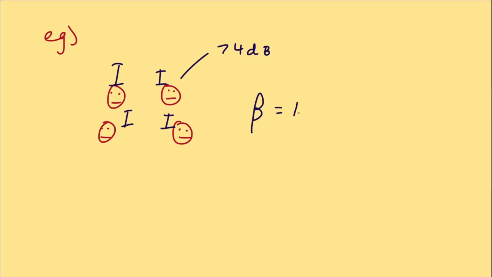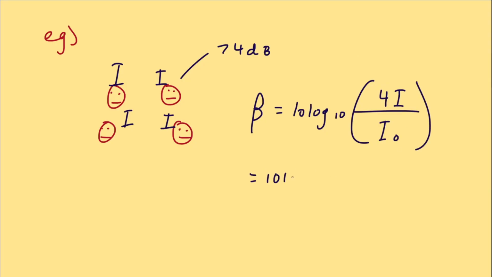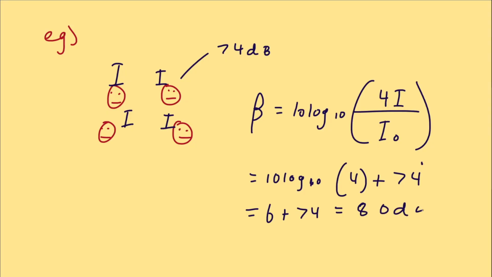So the sound level is 10 log 10 of 4 times intensity, because there's 4 of us, over I0. So 10 log 10 of 4 is 6, plus 74, which is 80 decibels.